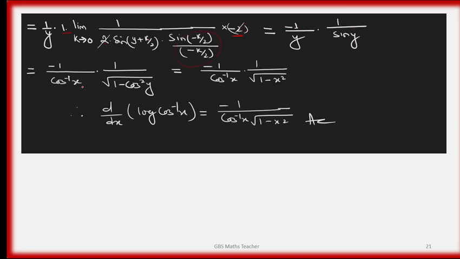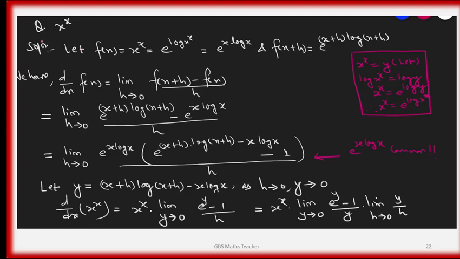Then minus 1 by y is minus 1 by cos inverse x, times 1 by root under sine y, which is root under 1 minus cos square y. Equal to minus 1 by cos inverse x times 1 by root under 1 minus x square, since cos y is x, so cos square y is x square. Therefore the derivative of log cos inverse x equals minus 1 over cos inverse x times root under 1 minus x square. This is the solution for this question.